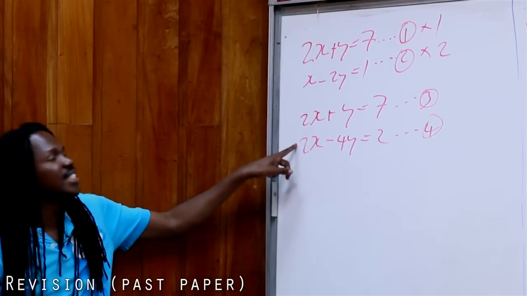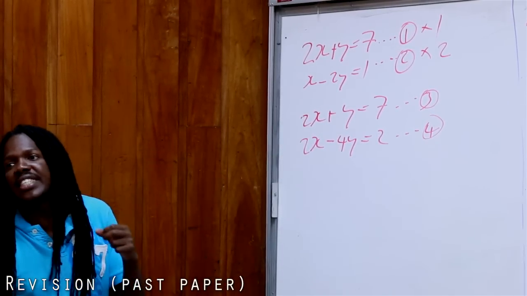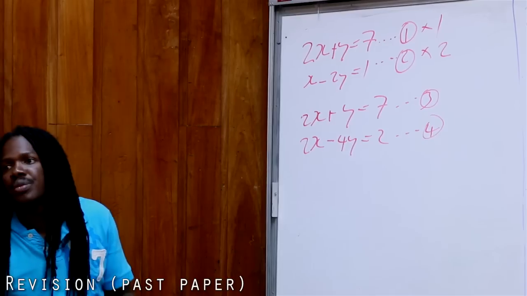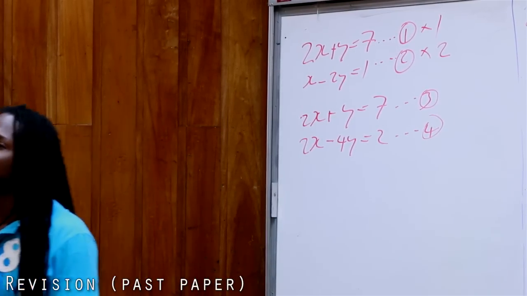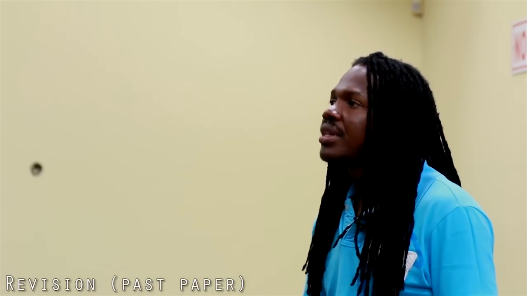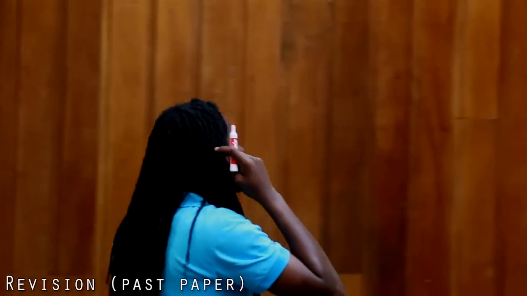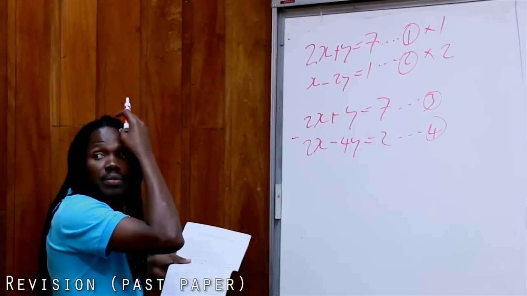If the signs are the same and you want to cancel, what do you have to do? You have to minus. If the signs are different and you want to cancel it, you have to add. So now we look at this, we want to cancel out 2x, and we have positive and positive, which means the signs are the same, so we have a minus.